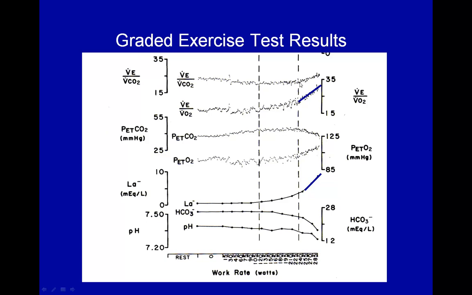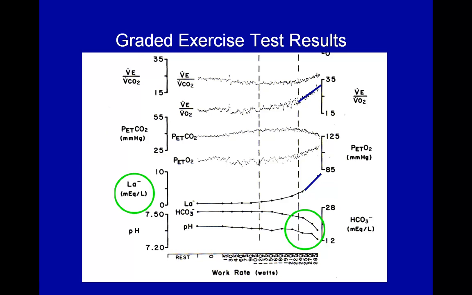That's different than the slope of the ventilatory equivalent for CO2. And the reason for that is because we're buffering the increase in lactic acid, and as we do that, we're decreasing bicarbonate, which we said bicarb is the storage form of CO2.